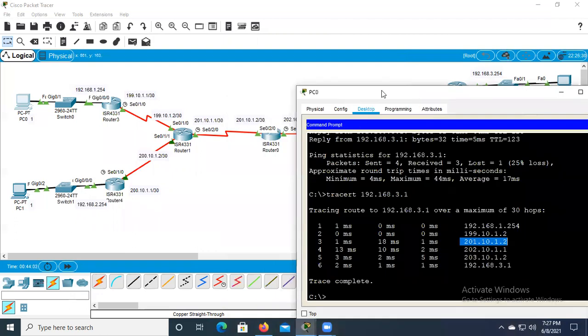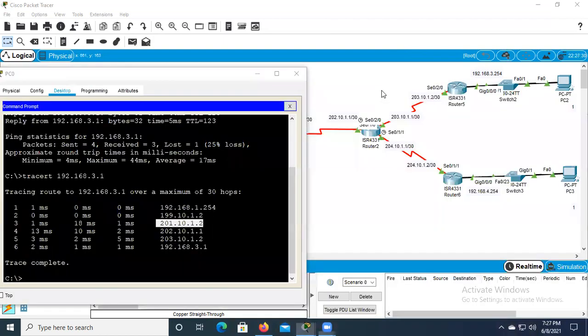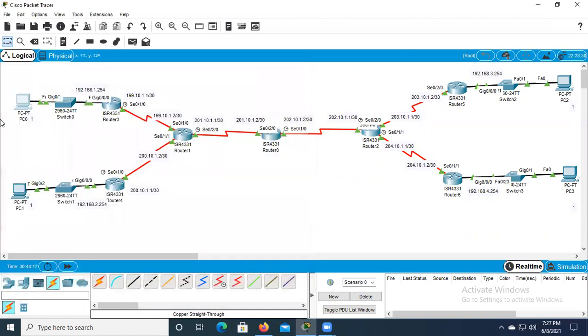Then after that, it's going to 202, this is 202, 203, this is 203, and 192.168.3.1 within the LAN. Packets are going via this way.